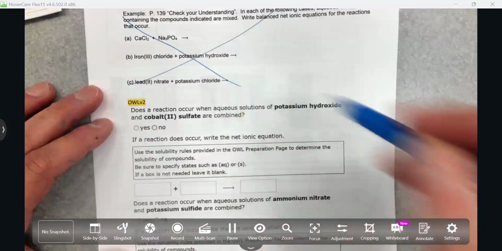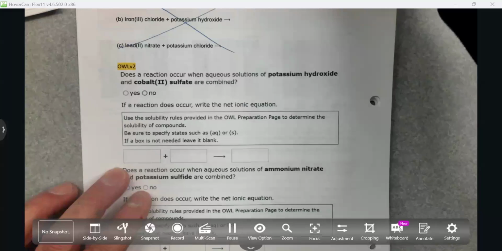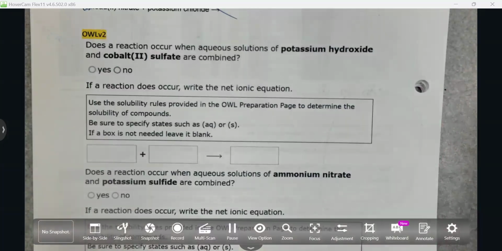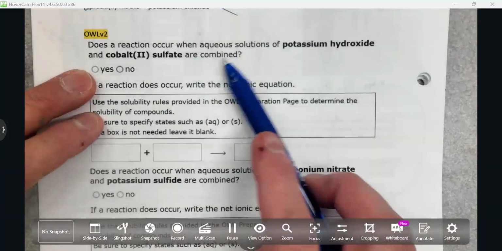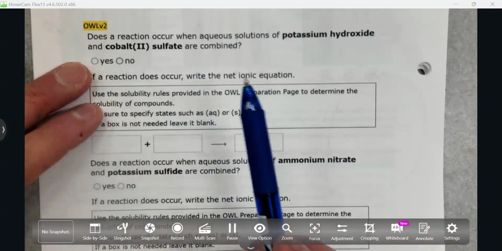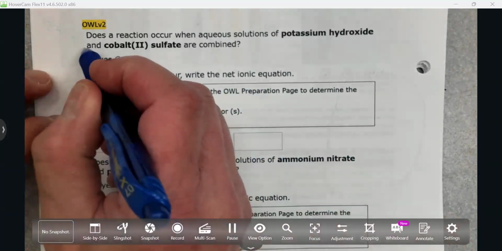We're not going to do this. Does a reaction occur when aqueous solutions of potassium hydroxide and cobalt-2 sulfate are combined? Well, let's do this right up here.